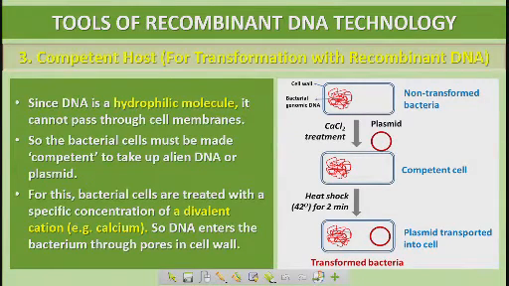So DNA enters the bacterium through pores in the cell wall. The divalent cation, that is calcium, increases the permeability of the cell wall.